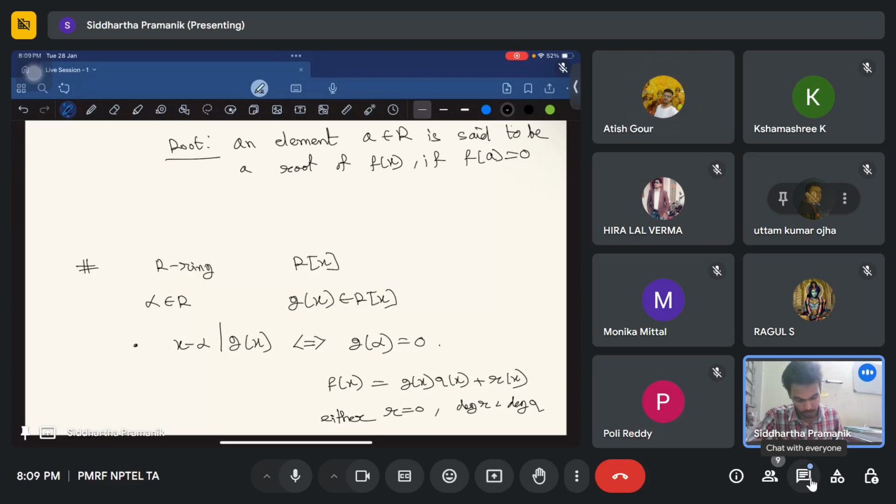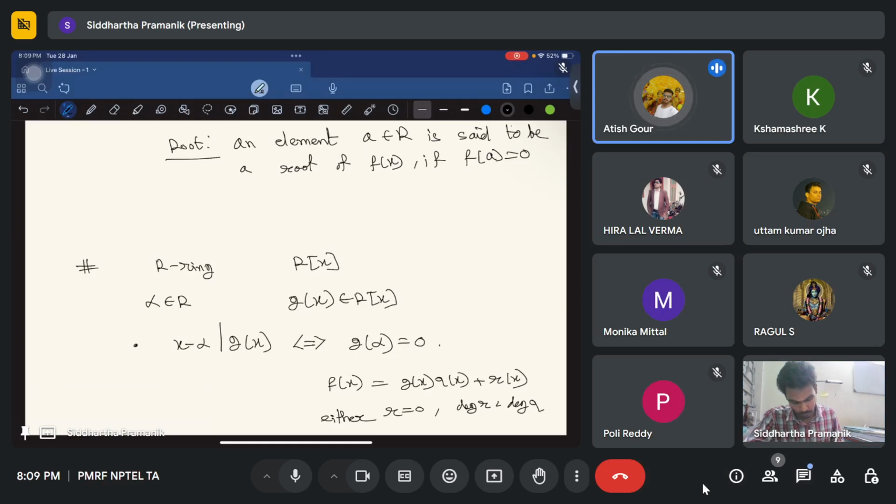So what is the doubt? Either we go with the theorem or go with the second thing, that is, the degree of r of x is 0 or the degree of r is less than the divisor's degree. From the second one, all the options are coming out correct, but with the theorem only two are correct.